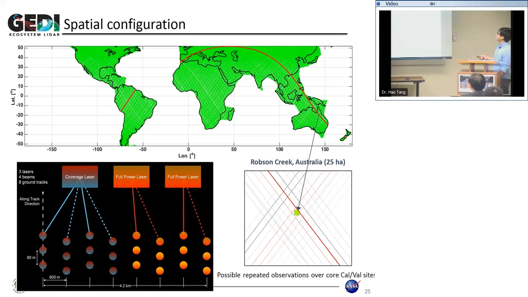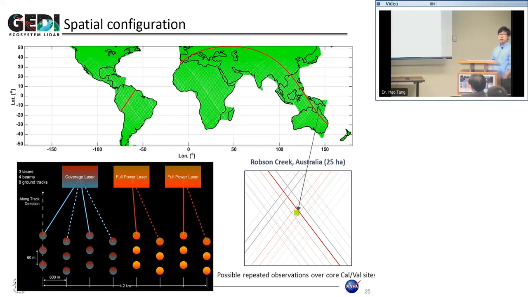This is one orbital track from the International Space Station, and there will be a bunch more of them. Sorry, I couldn't make it better. But all the green areas are actually covered by the orbits, and the red is just one example. For example, we can choose to target some large areas because GEDI has a pointing capacity of about 200 meters.